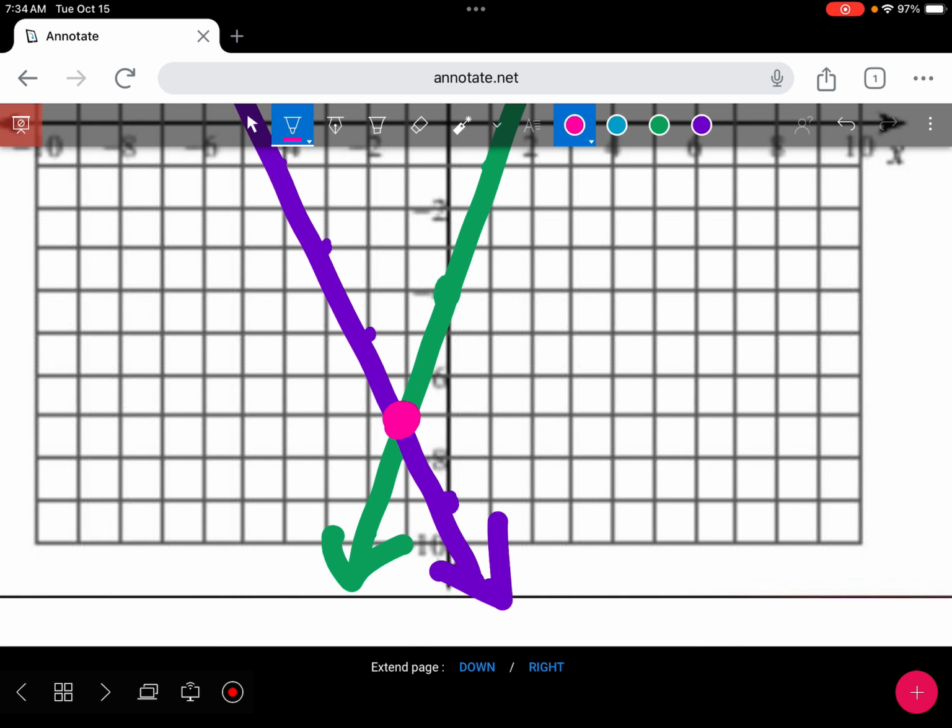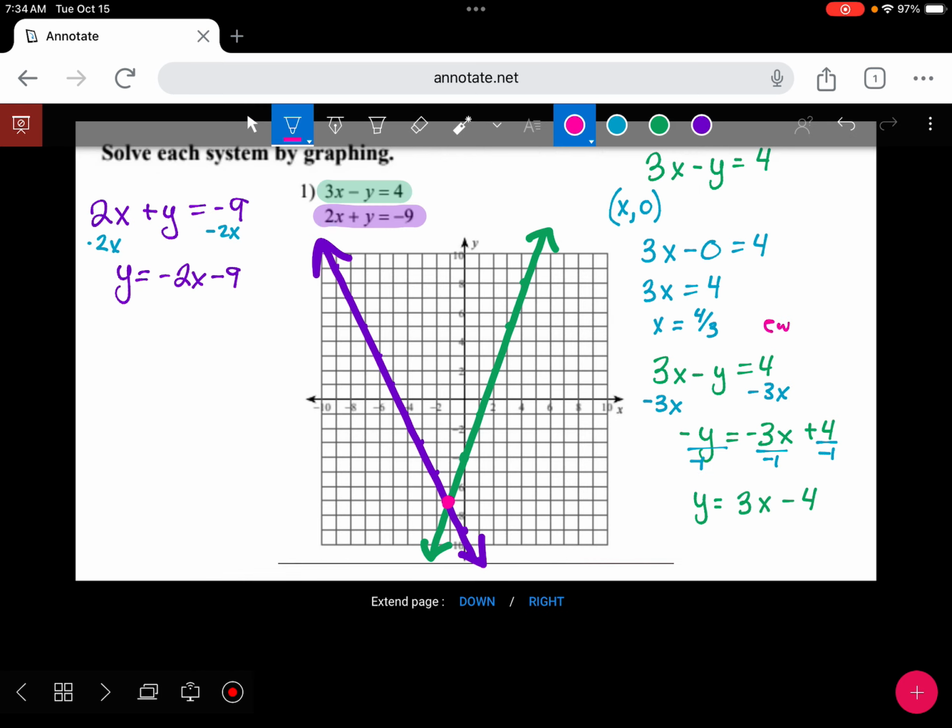That's why I've been so particular about needing to use rulers. So our solution is the point -1, -7. It's got to be written as an ordered pair.